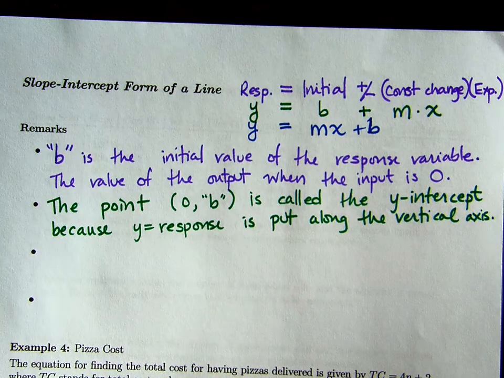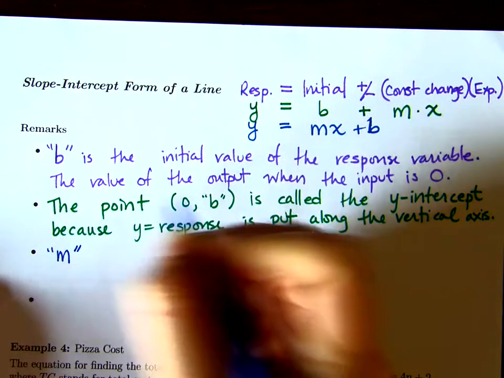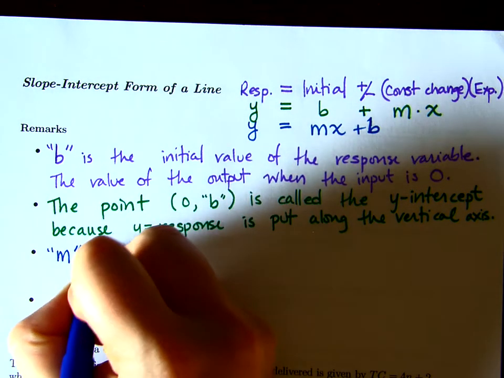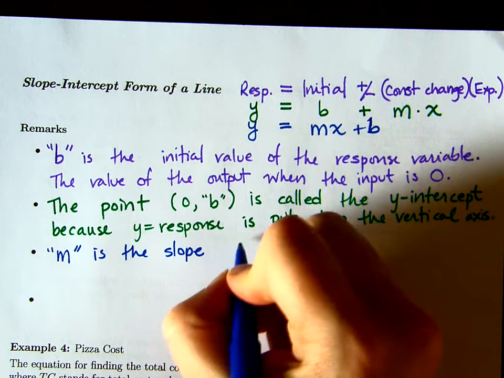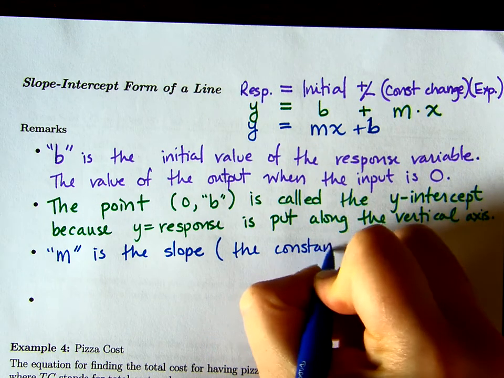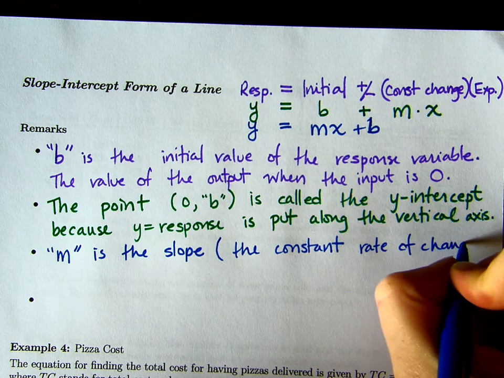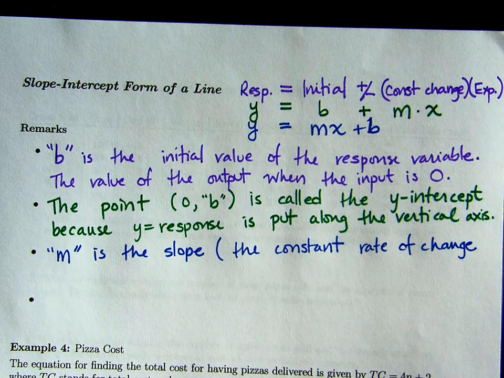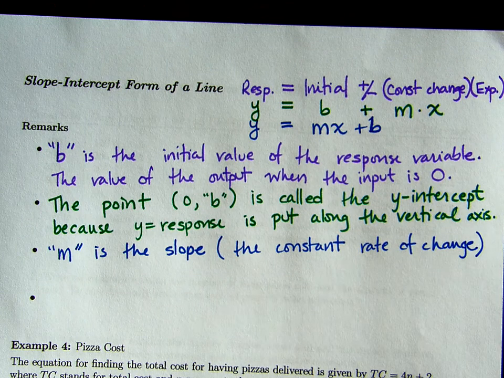Okay, and the slope is the constant rate of change. So m is the slope, the constant rate of change, which is also equal to the ratio between the variables and is equal to the same added amount every time.